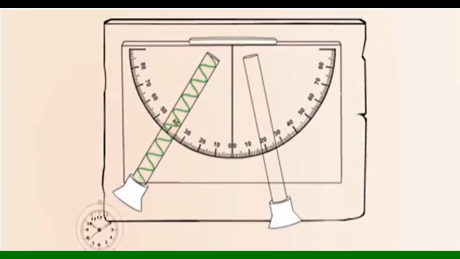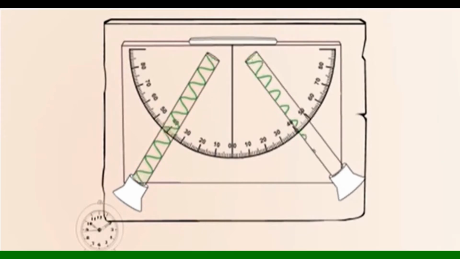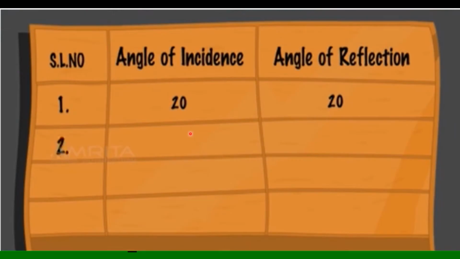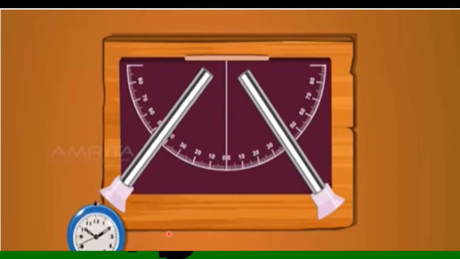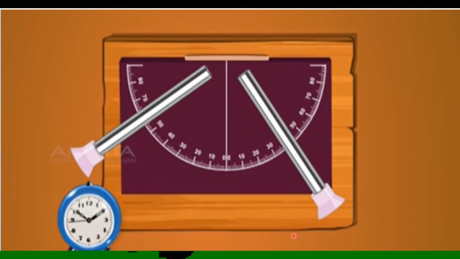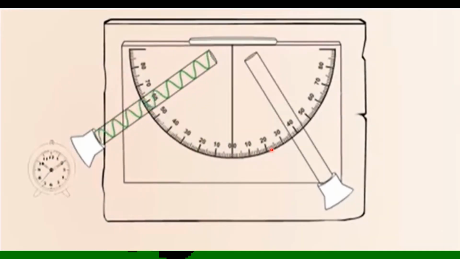And also you will need a protractor. So let's see what you have to do. You have to place the two tubes and the protractor on a flat surface as shown in this diagram, and you have to set the angle between the normal line and one tube to 20 degrees and place the clock at one end of it, and you have to change the position of the other tube, and keep your ear at the other end and listen where you can hear the maximum amount of sound.